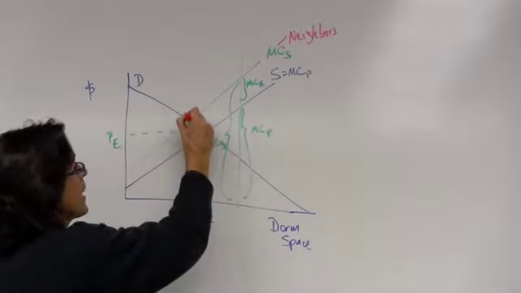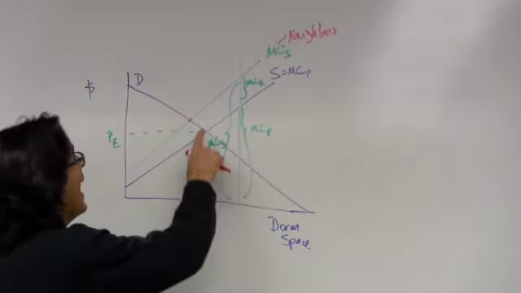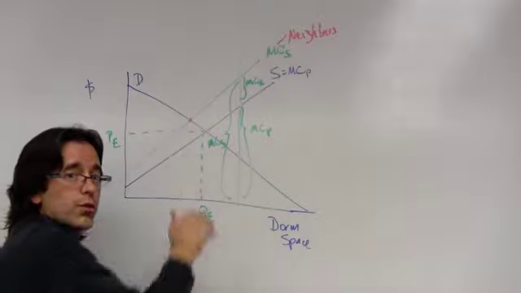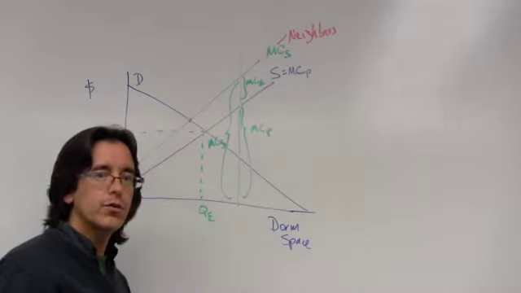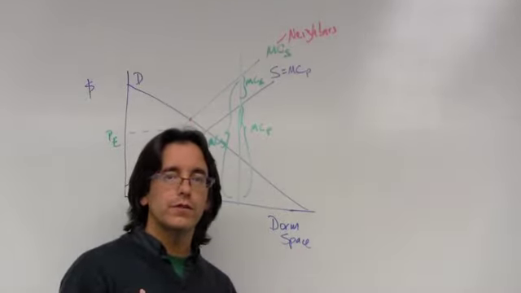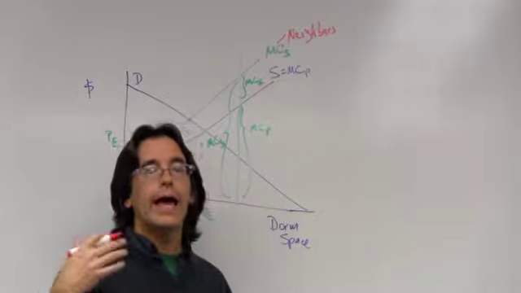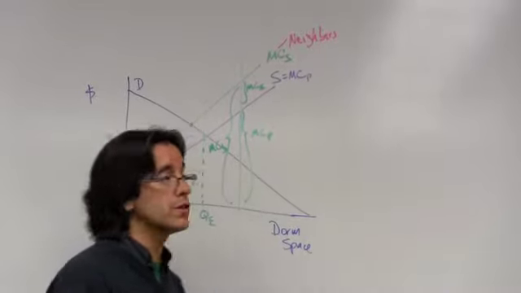And so what we would say is, we're now looking at the intersection between the demand curve and the marginal social cost. So in determining how much dorm space we should have, we have to combine the total benefits from the dorm and weigh them against the total cost, which includes these external costs.